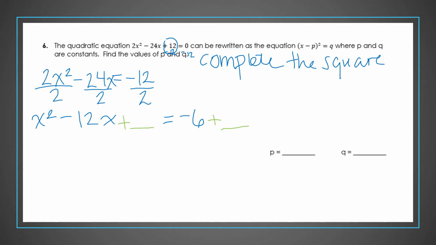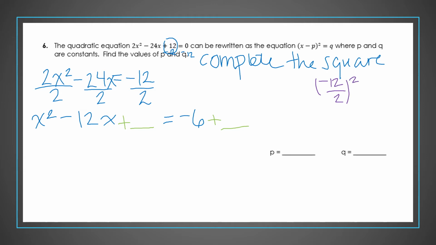So to find that number, it's more of a mental step, or you do it off to the side. You're going to use the value of b to help you find this new number that we're going to add to both sides. So our b value is negative 12. We're going to cut it in half, so divide by 2, and then we're going to square it.